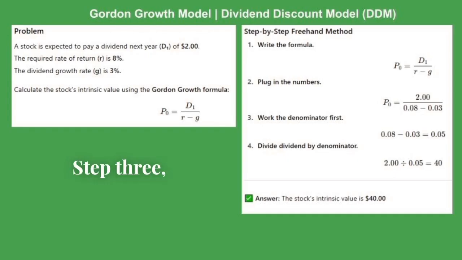Step 3, divide $2 by 0.05 equals $40. So the intrinsic value of the stock is $40.